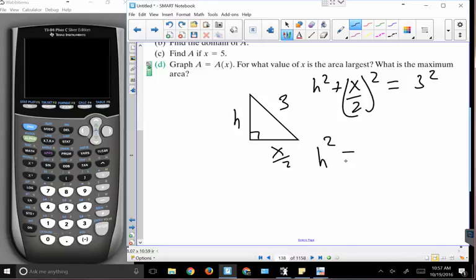So h squared turns out to be 9 minus x squared over 4. Would you agree with that? Okay.